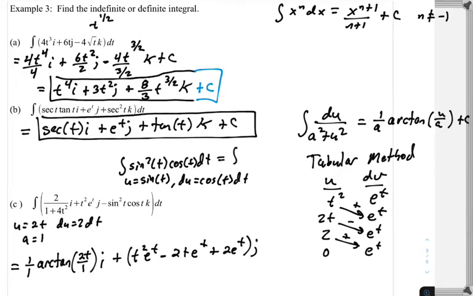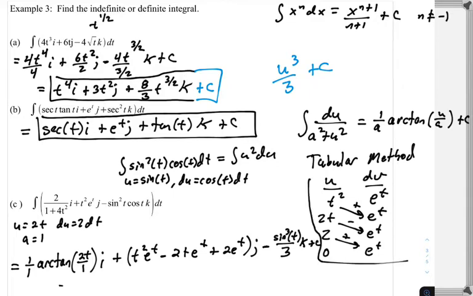And so this integral becomes the integral of u squared du, which becomes u cubed over 3 plus c, and so replace the u with what it was equal to, which is the sine. So this becomes the sine cubed of t over 3, and then that's the k component, and then plus your constant of integration.